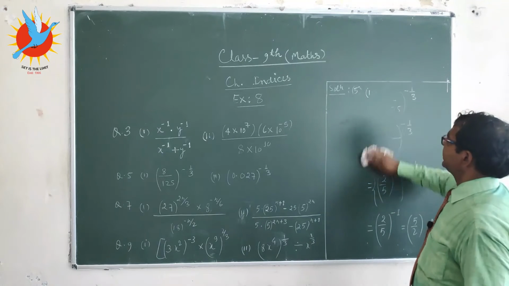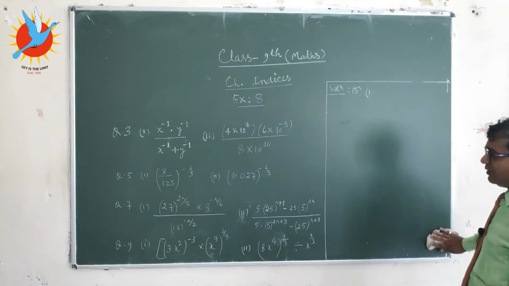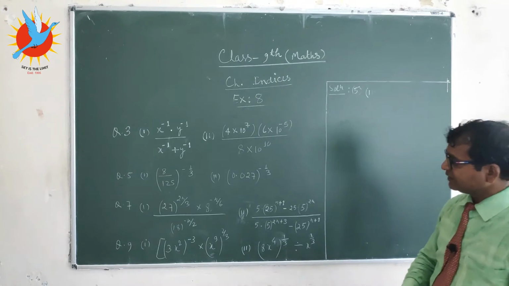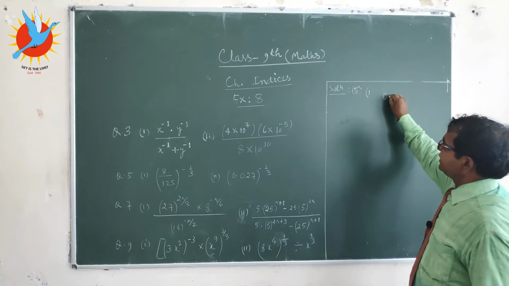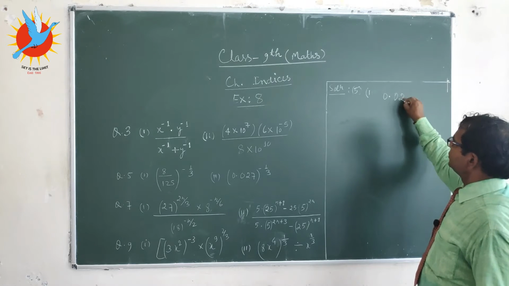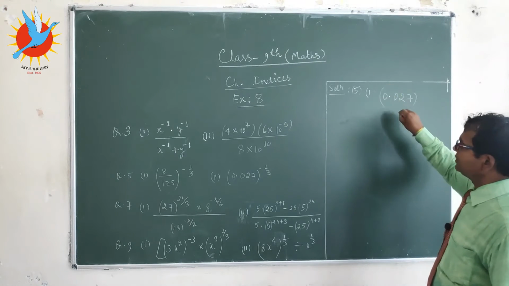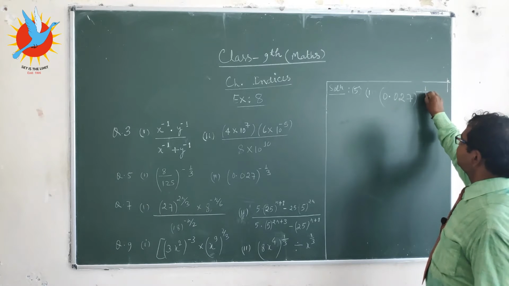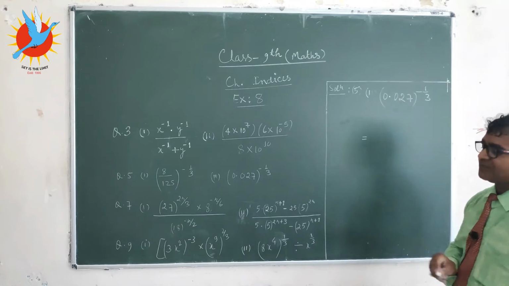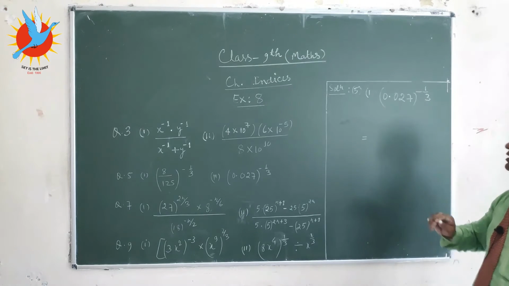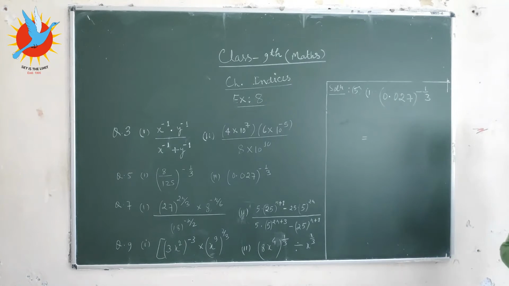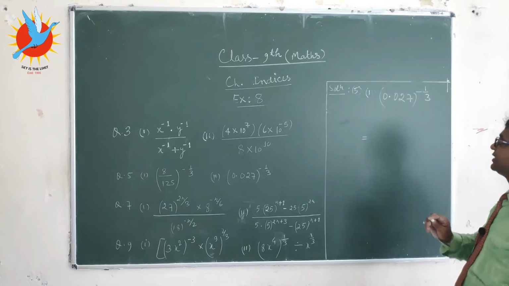Let us do the second part of question number 5. The second part is 0.027 to the power minus 1 by 3. Now first of all, remove this decimal and convert it into a fraction.